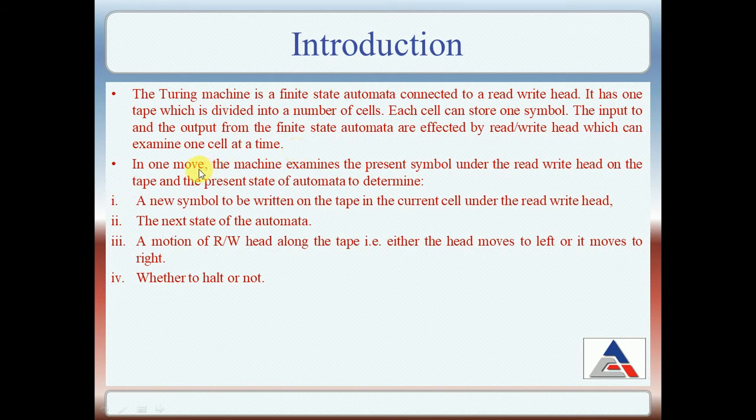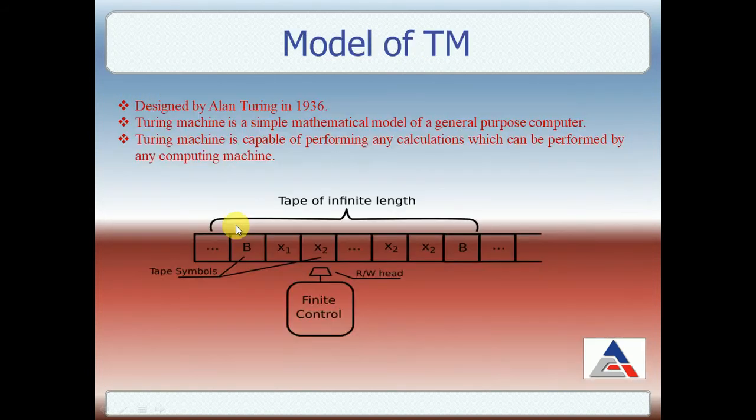So in one move, the machine examines the present symbol under the read slash write head on the tape and the present state of the automata to determine these four things, right? Let's understand this point. Here your current symbol is x2, and let's suppose the finite control has a state that is q naught. So the present state is q naught and the current symbol is x2.